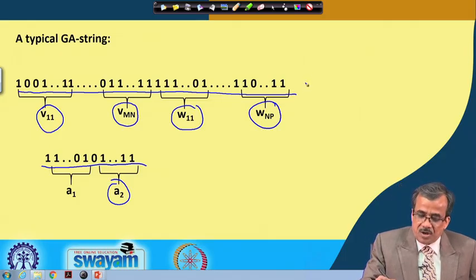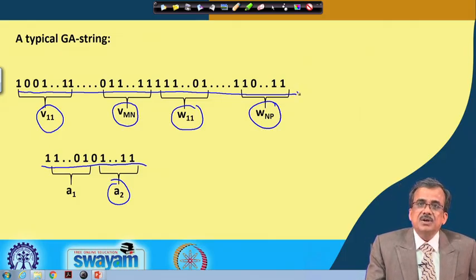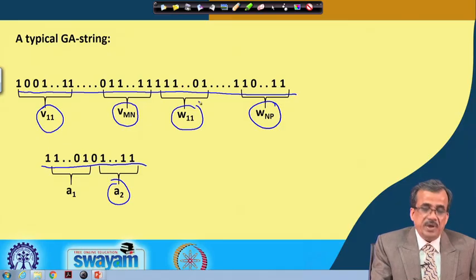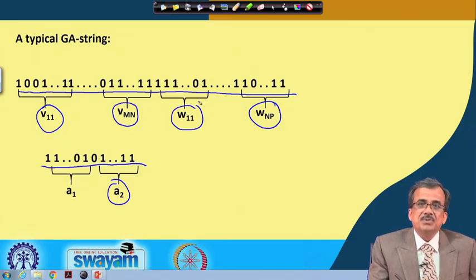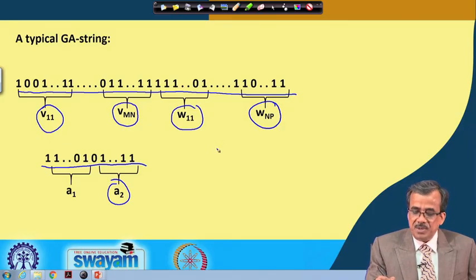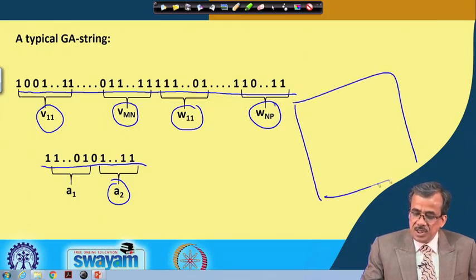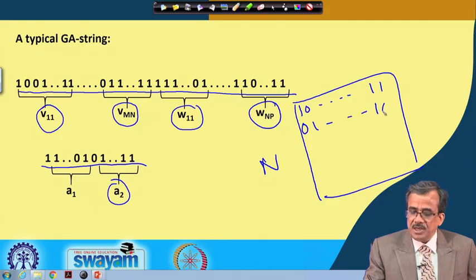If we concentrate on a particular GA string, it is going to carry the whole information of this particular network, and similarly, in the population of the genetic algorithm we have a large number of strings, that means a large number of neural networks. If this is the population of GA strings, the first GA string could be something like this, the second one something like this, and the nth one something like this.